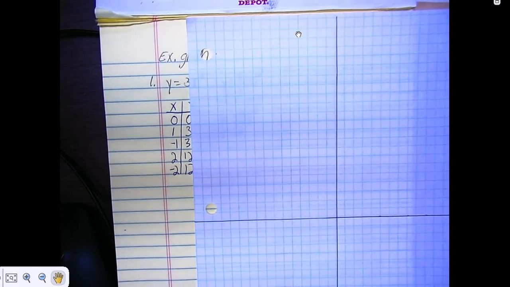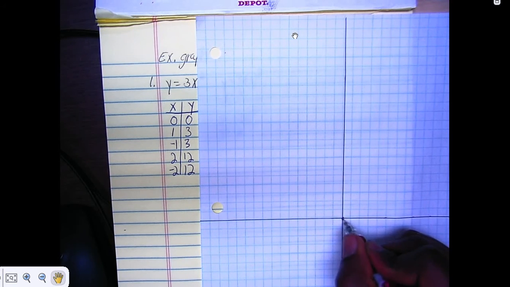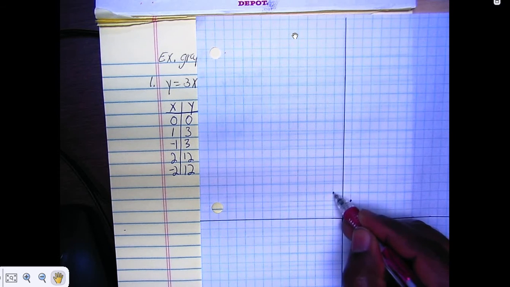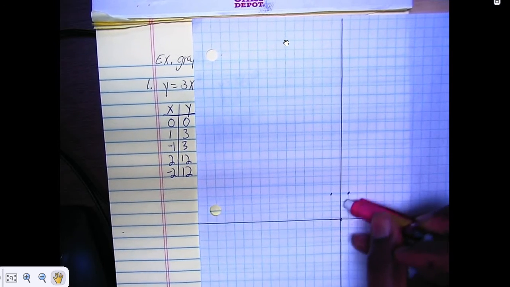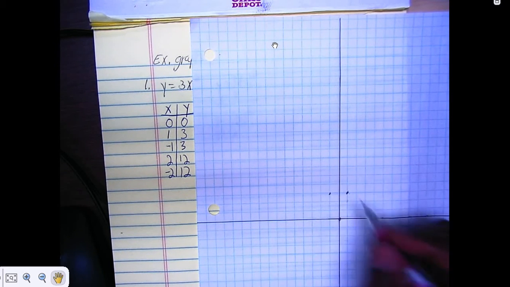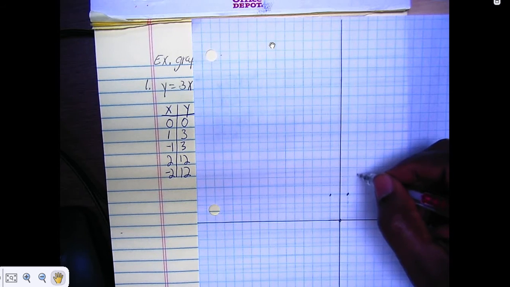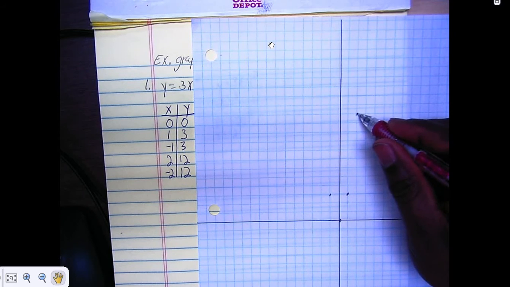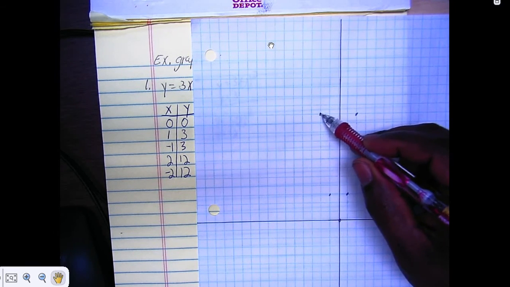Okay, so I'm going to graph 0, 0, 1, 3, -1, 3. Oops, that's not 3, is it? Nope. 2, 12, and -2, 12 is right there.